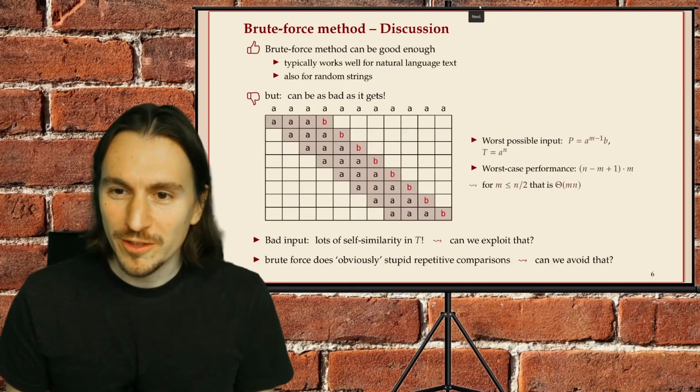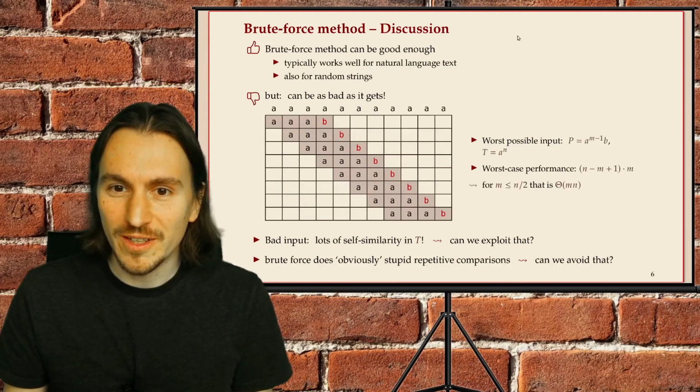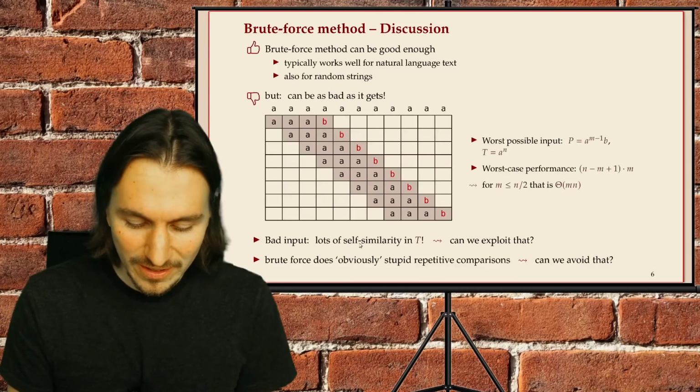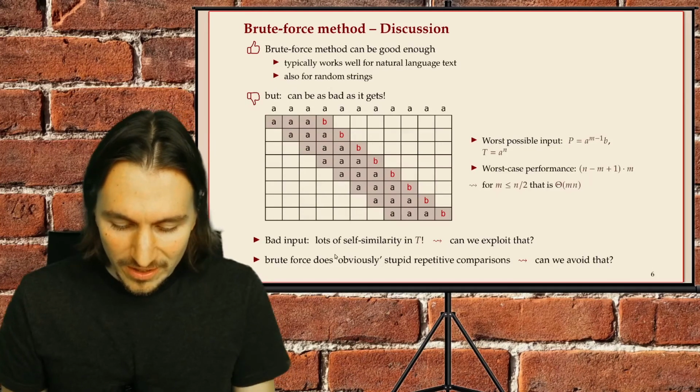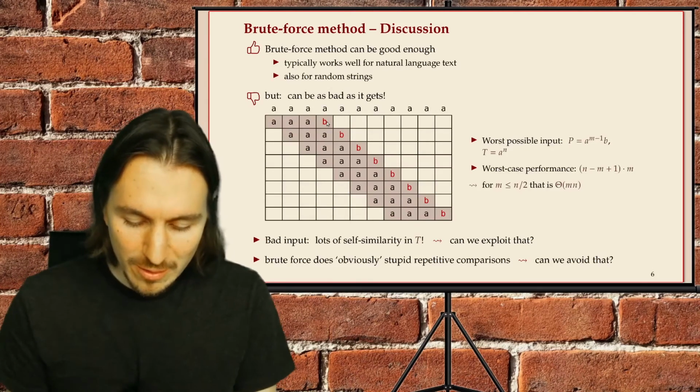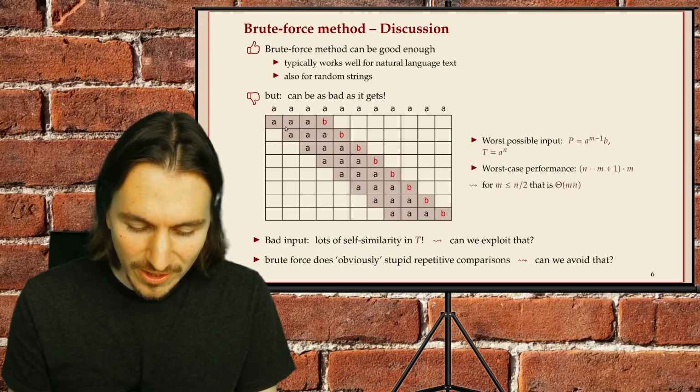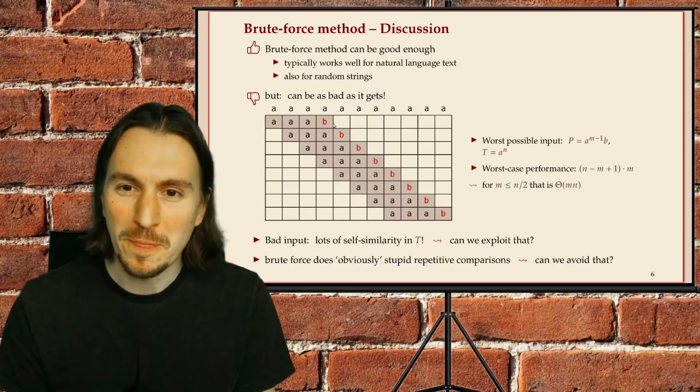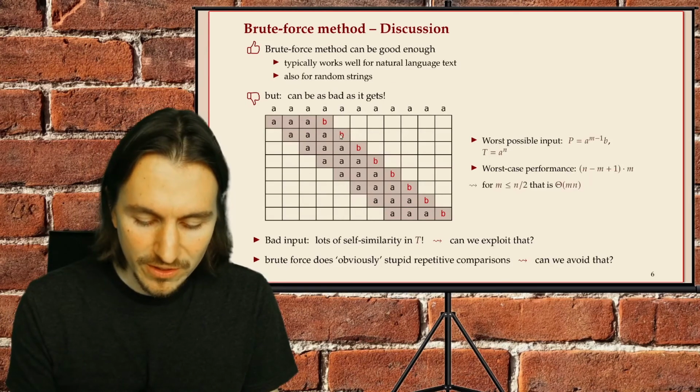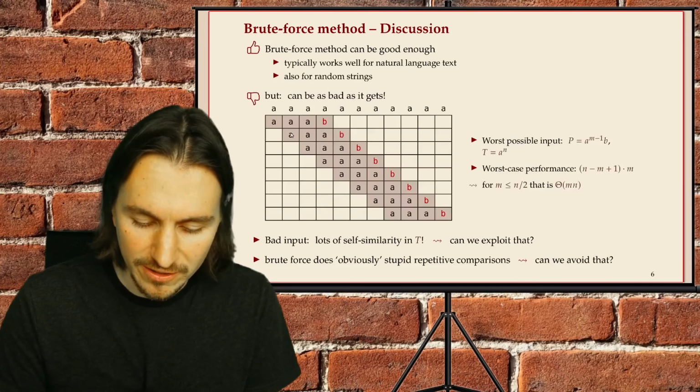One observation that leads into the next section is that this is a particularly bad input which has a lot of self-similarity. What makes this redundant is we already knew there are A's in the text, so why check the same A's again here?